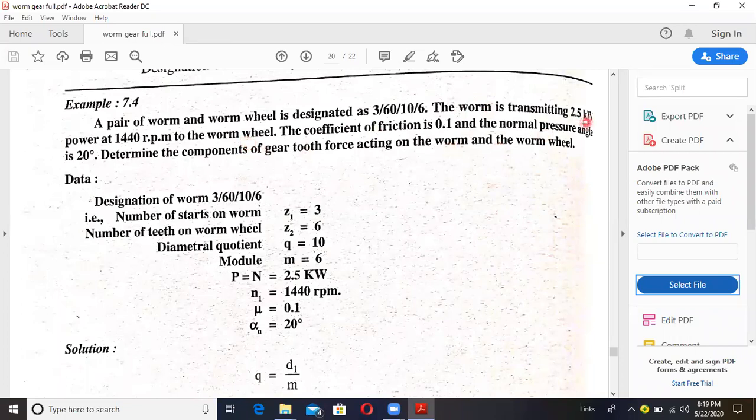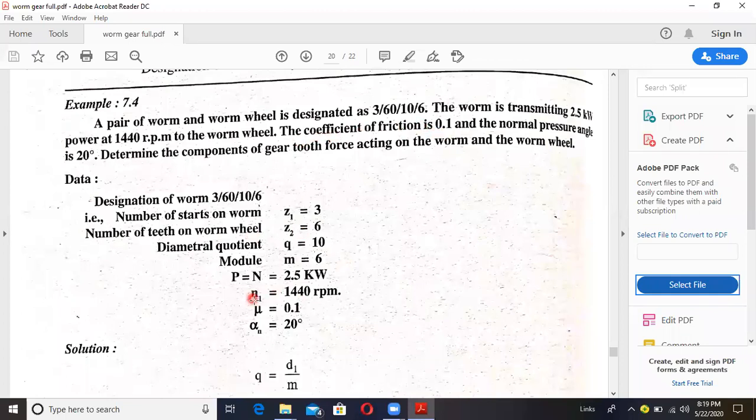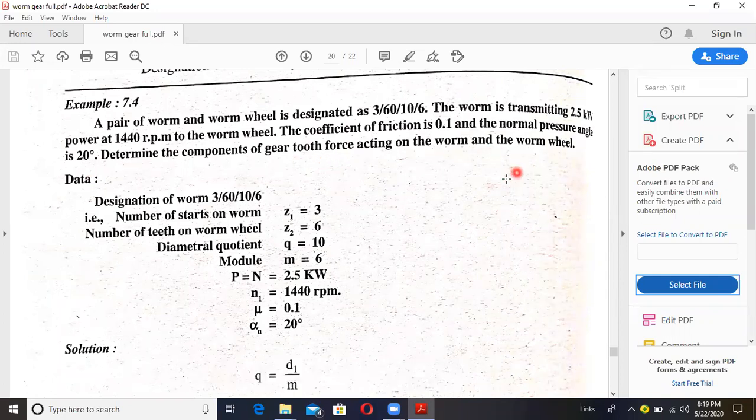That is, power N is equal to 2.5 kilowatt, and the worm is rotating at a speed of N1 equal to 1440 rpm. Next, the coefficient of friction mu is equal to 0.1 and pressure angle alpha is equal to 20 degree. Determine the components of gear tooth forces acting on the worm and the worm wheel.